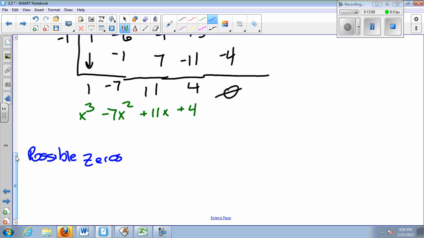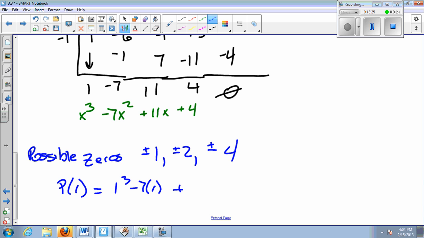Happens to have the exact same possible zeros as before. Positive and negative 1, positive negative 2, and positive negative 4. So P of 1: 1 cubed minus 7 times 1 plus 11 plus 4 times 1. 1 minus 7 plus 11 plus 4 doesn't work.